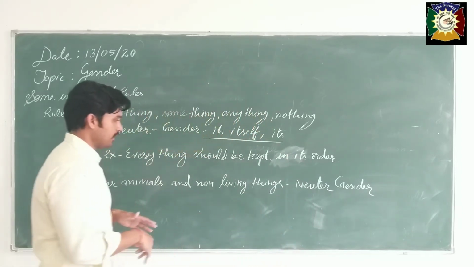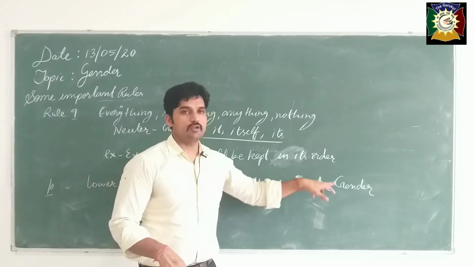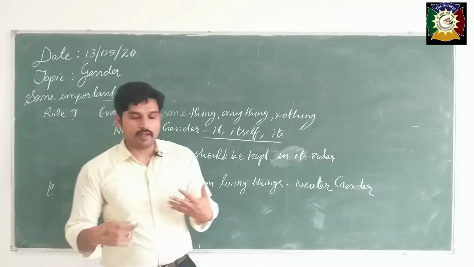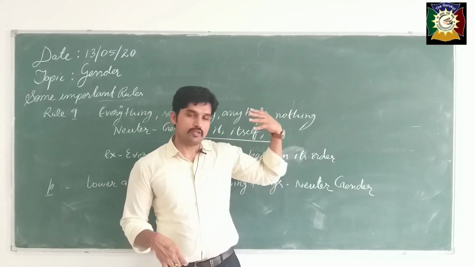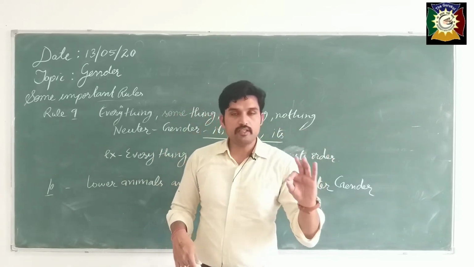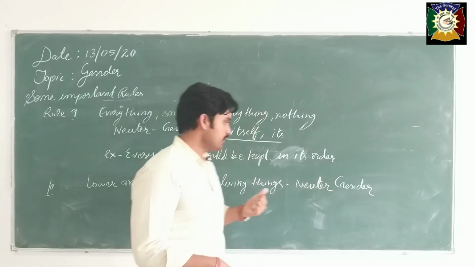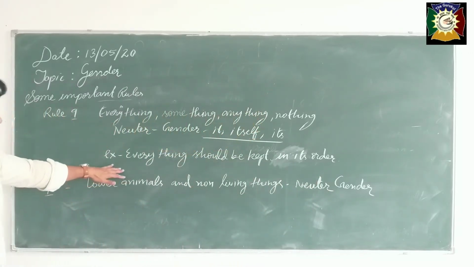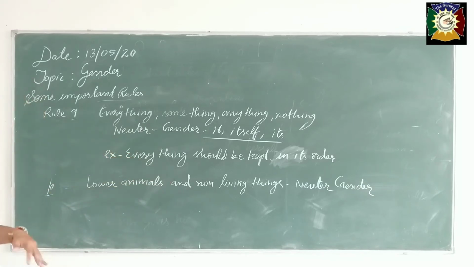So what I am saying, everything should be kept in its order, means wherever the thing is required. For example, the TV is required on the front wall, then the TV should be in its place, right? In the same way, you use them. For example, nothing, anything, something.